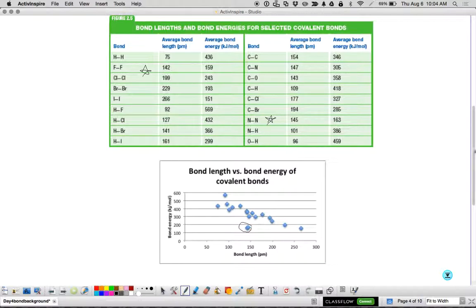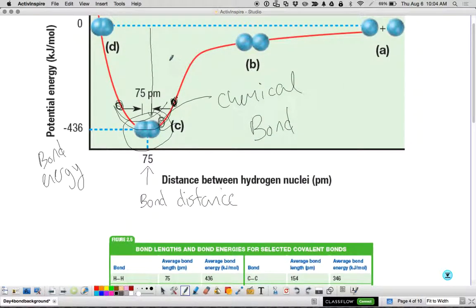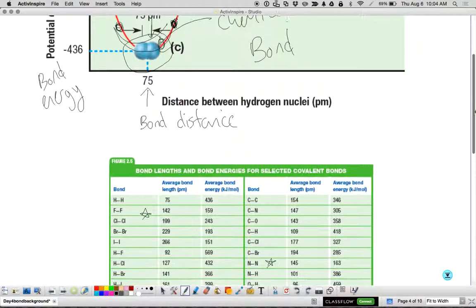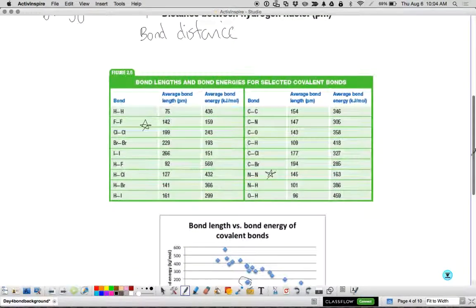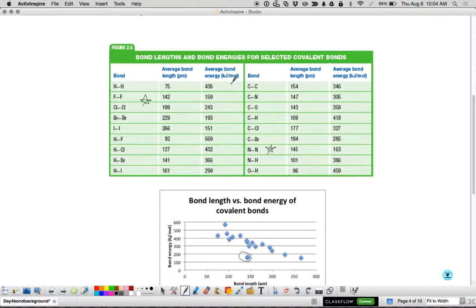And bond energy is just defined as the energy you would have to put in to break a bond. That's why it's negative here, but it's positive here, because it's how much energy you would have to put in to go back to both atoms being infinitely far apart. Okay, so you're breaking bonds. So you can see generally that a longer bond is a weaker bond.